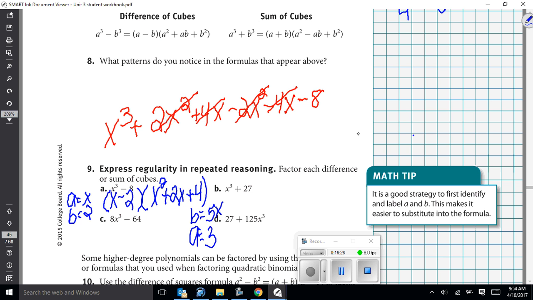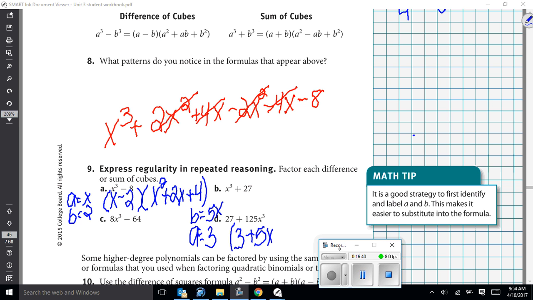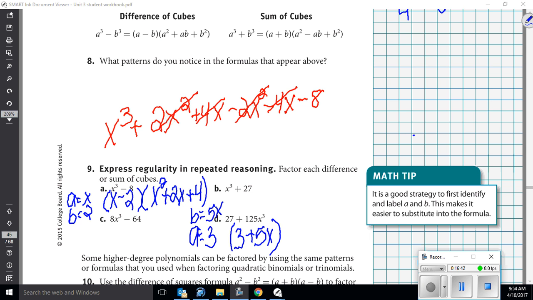So we're going to use the sum equation. So our A is 3, and then our B is 5x. We're going to have 3 plus 5x. And then we're going to look at this part. So A squared is 9. So then we can combine this.